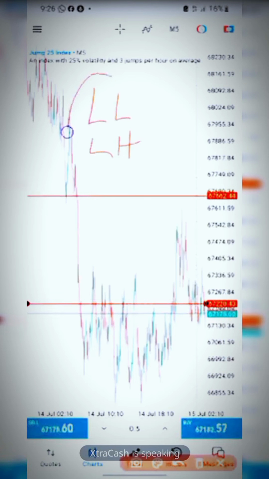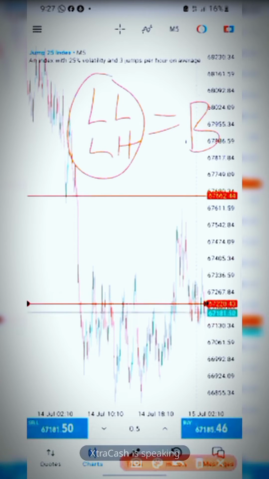I will explain this lower low and lower high. For every bullish trend, you will have a lower low and a lower high. Now, let's say the market moves like this.